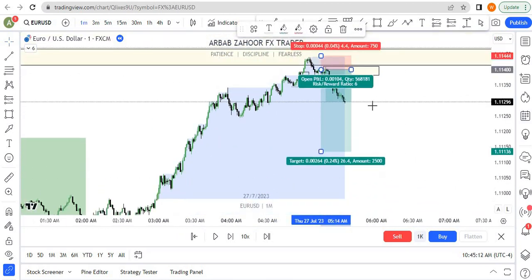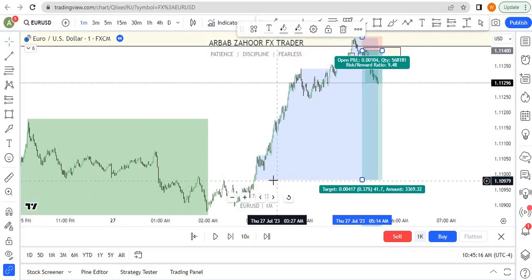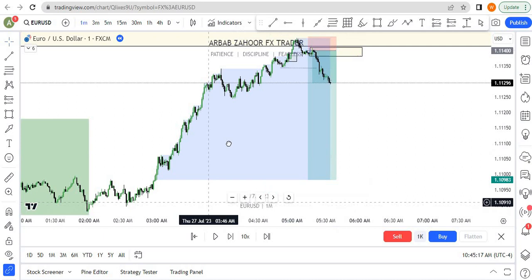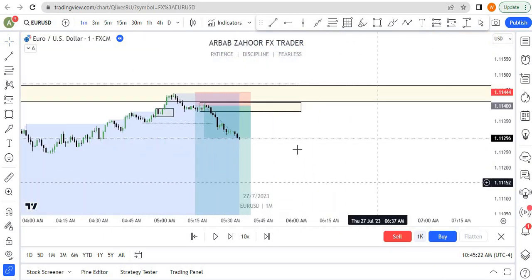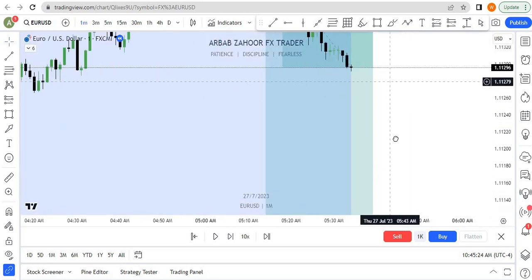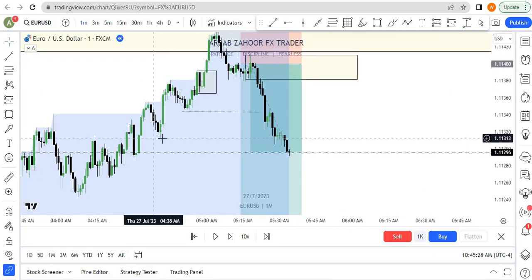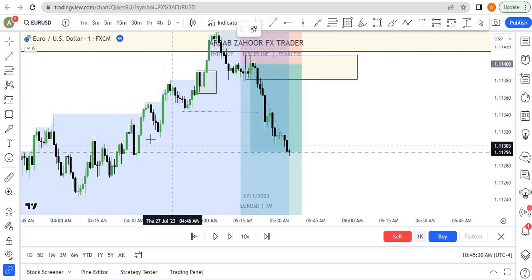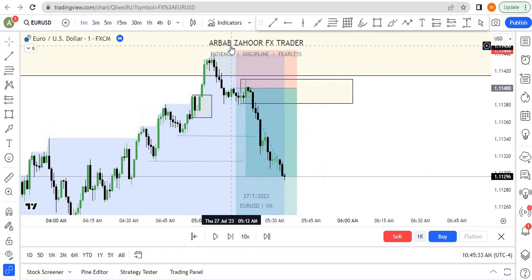Because if price took out the outside liquidity, it must go to take out the liquidity of the low of the session, or any equal lows like here. Understood. But what happened, when price broke the next structure here, I moved my stop to break even.